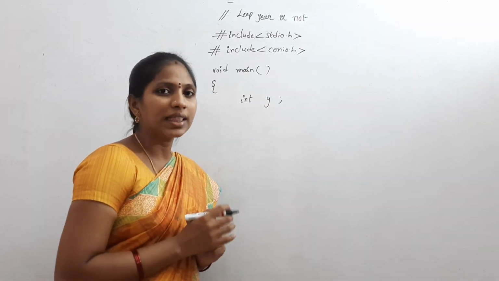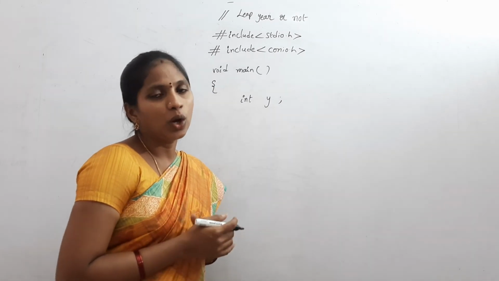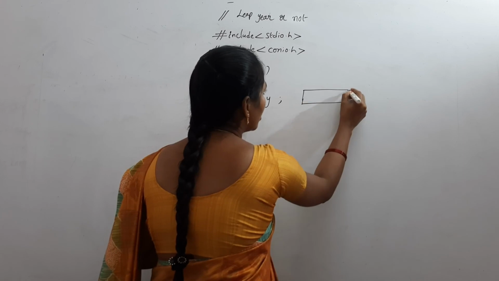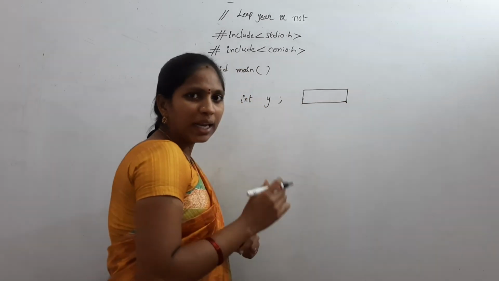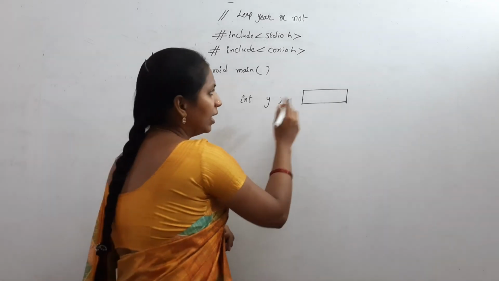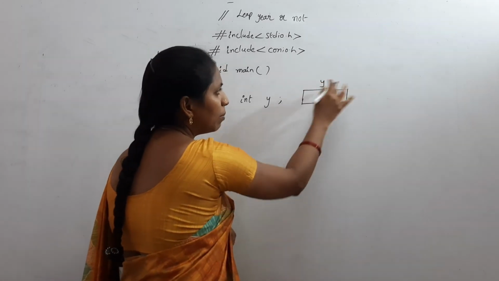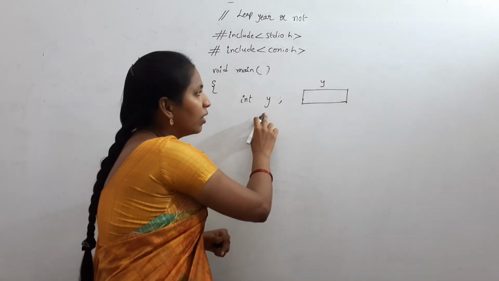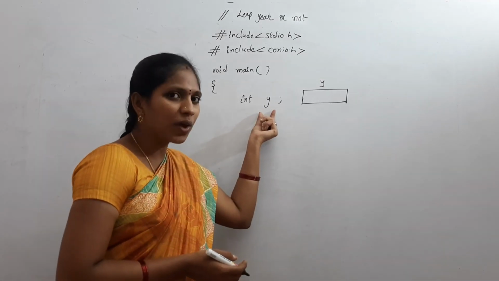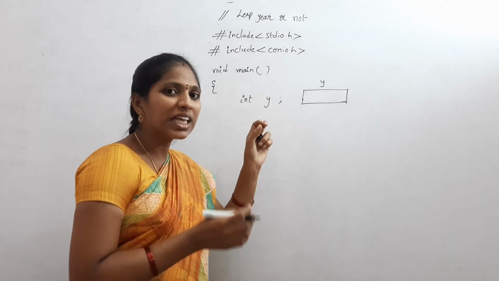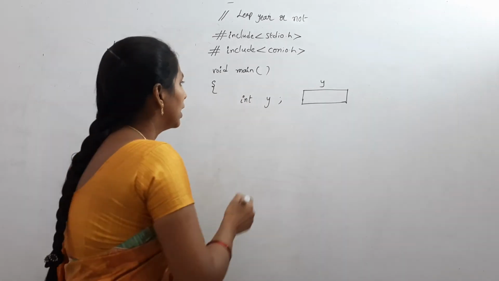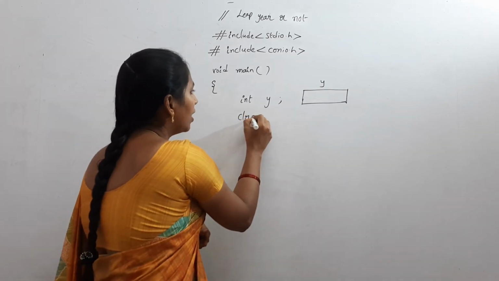A variable is nothing but a named memory location. The compiler allocates 2 bytes of memory to this variable y. For which purpose did I declare this variable? To place the given year in that memory block.